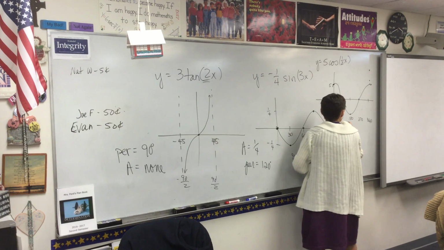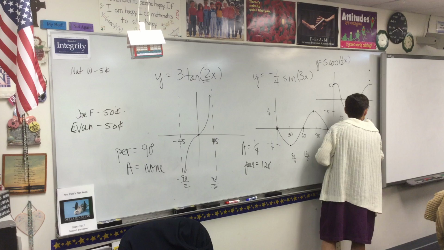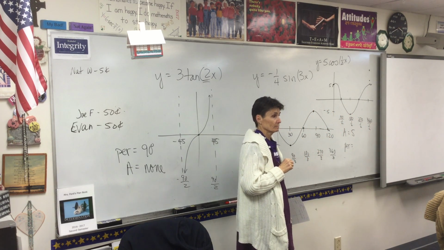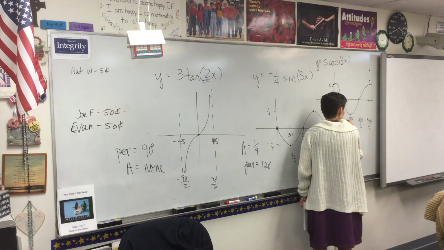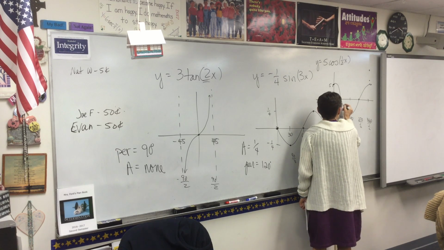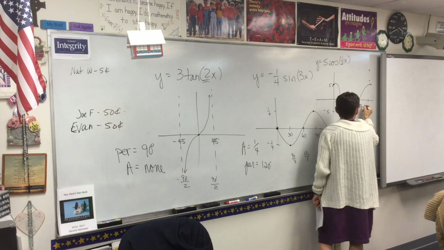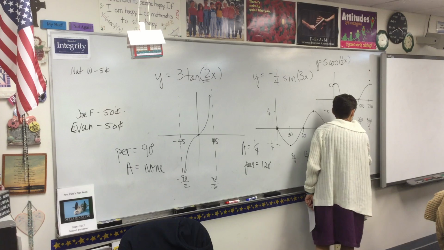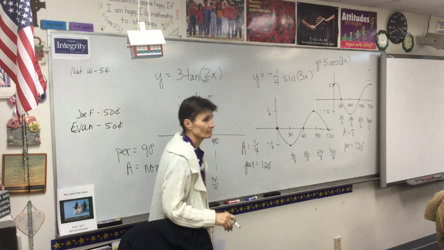So we need to divide by a half. Meaning these labels, now you're dividing by a half, so you're multiplying by 2. So this would be 180, 360, 540, 720. So your period is 720 degrees.